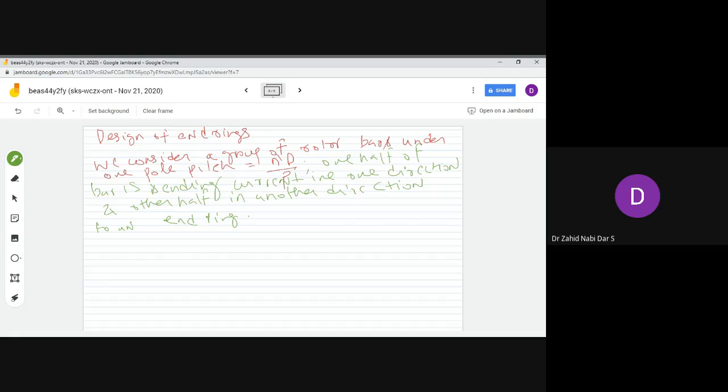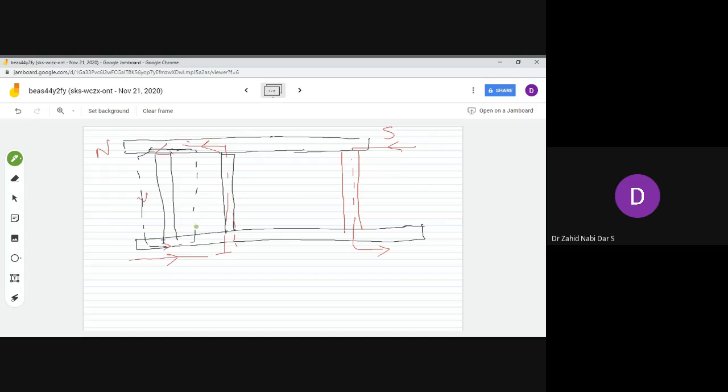This is the current in the end ring. These are the end rings, this is the end ring, these are the bars, and this is also an end ring. So there are end rings on the top and the bottom, and this is being shorted.